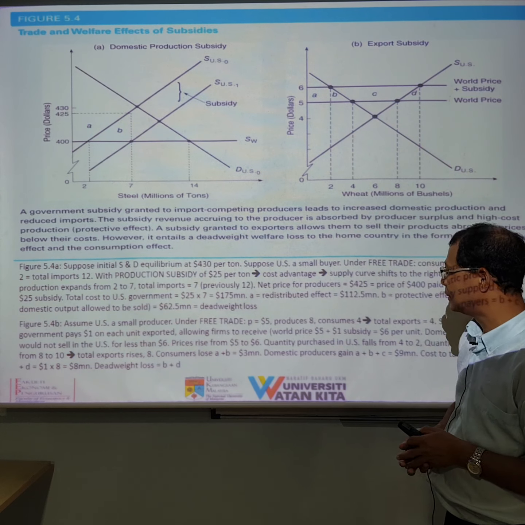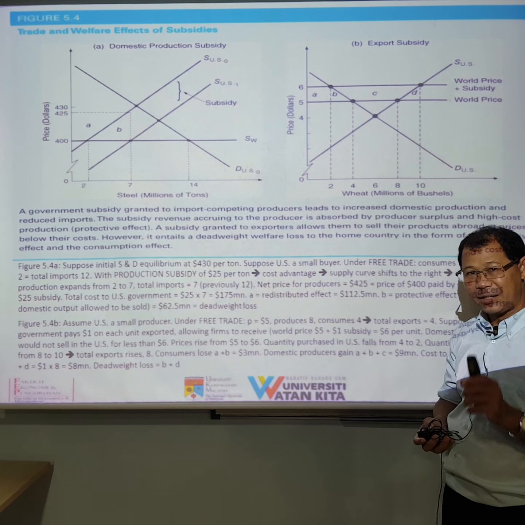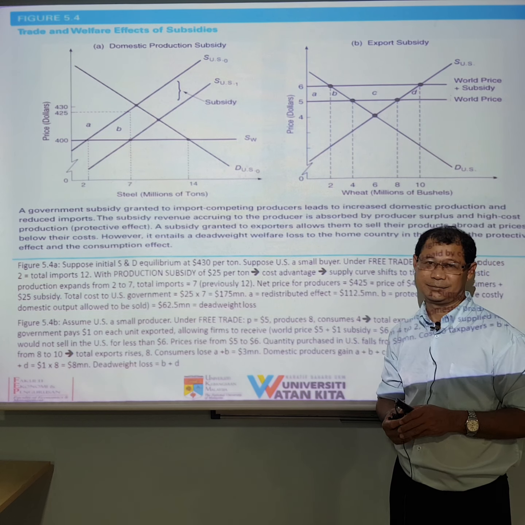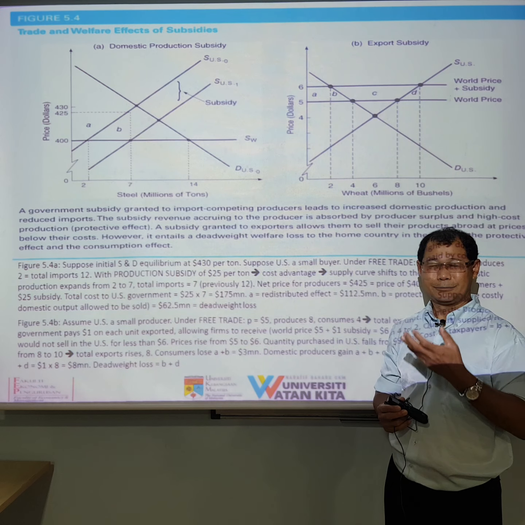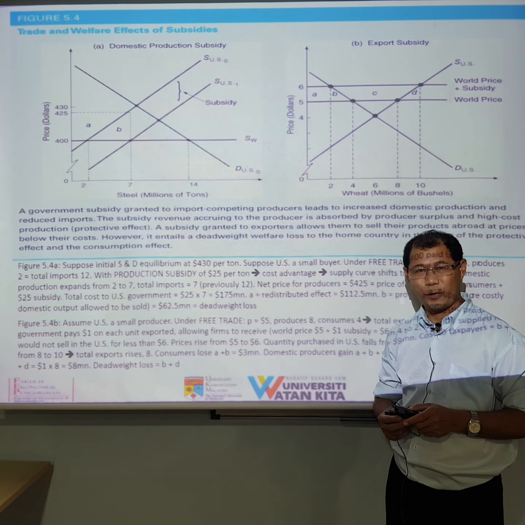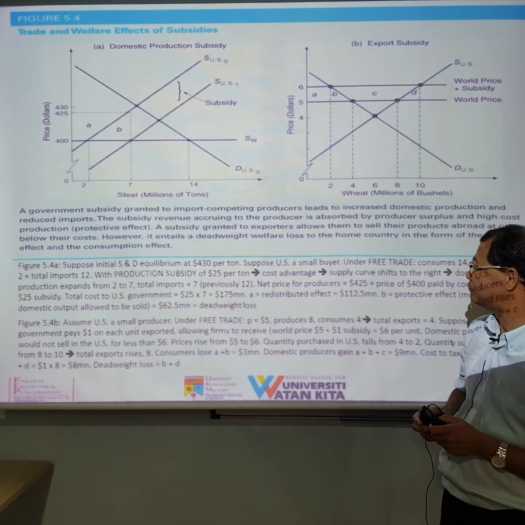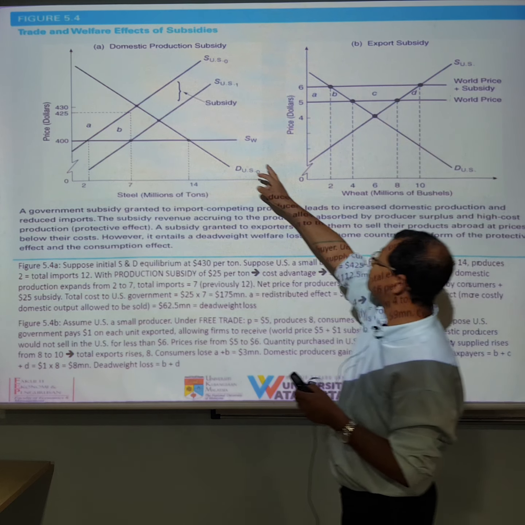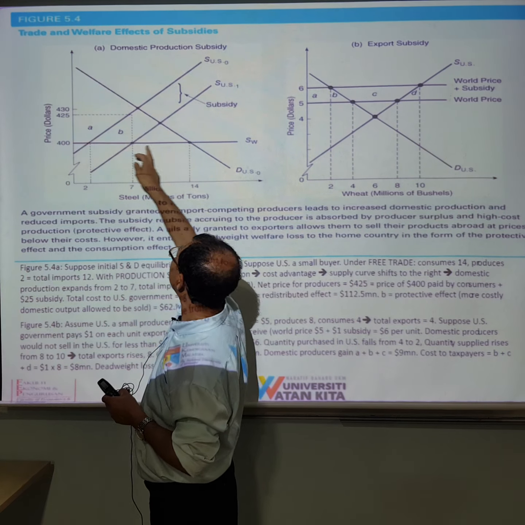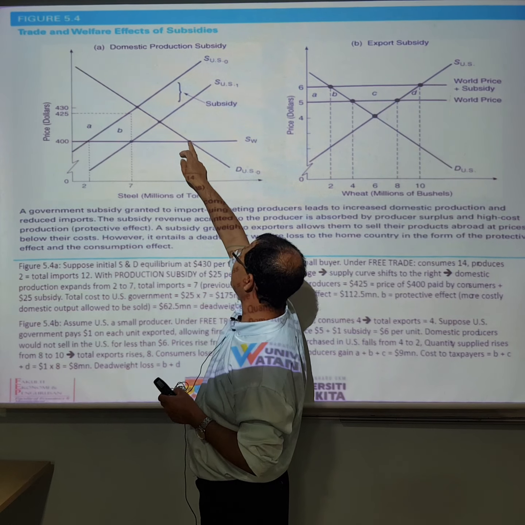It's $430 per ton. Suppose the US is a small buyer, which means it does not affect the world market. A small player, a small buyer, does not affect world supply and demand. So under free trade, this is the supply of the world, and this is the intersection.